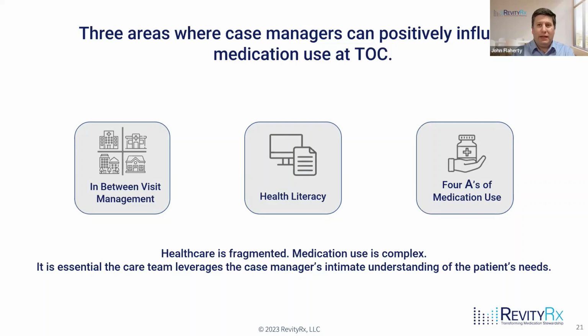So we know that medication use is complex. Lastly, we will leverage that relationship because it's essential that the care team uses the case manager and their intimate understanding of the patient's needs to make sure that we're addressing these issues as they come up, again, at that transition of care moment prior to the patient leaving that controlled setting.